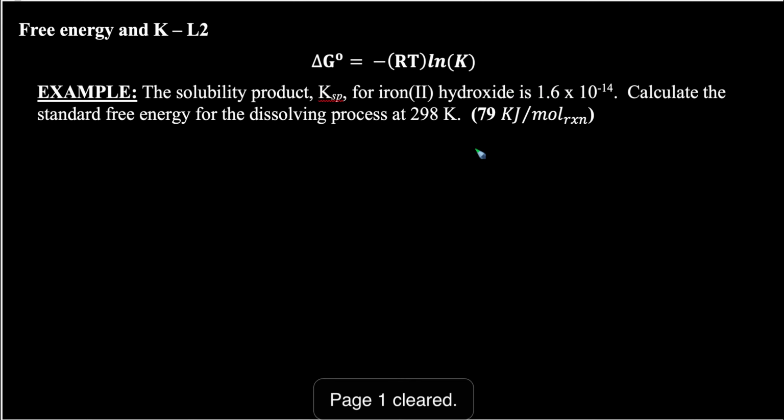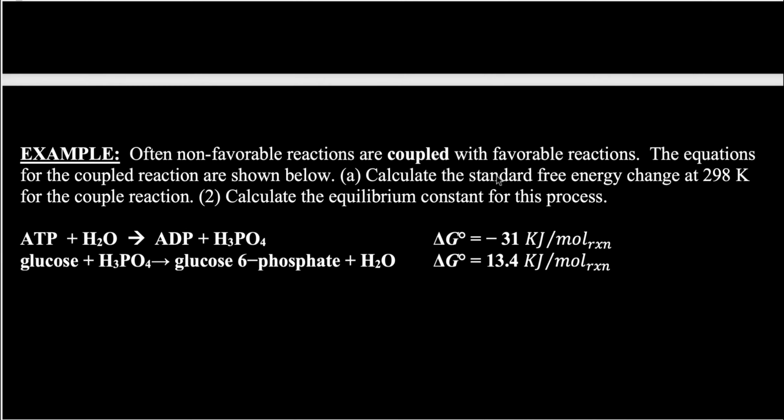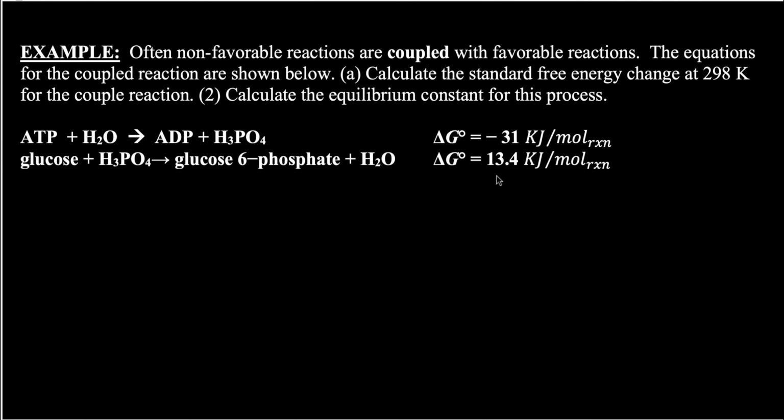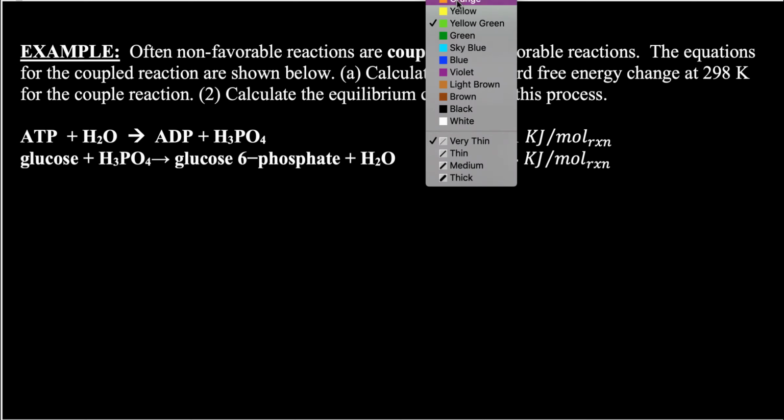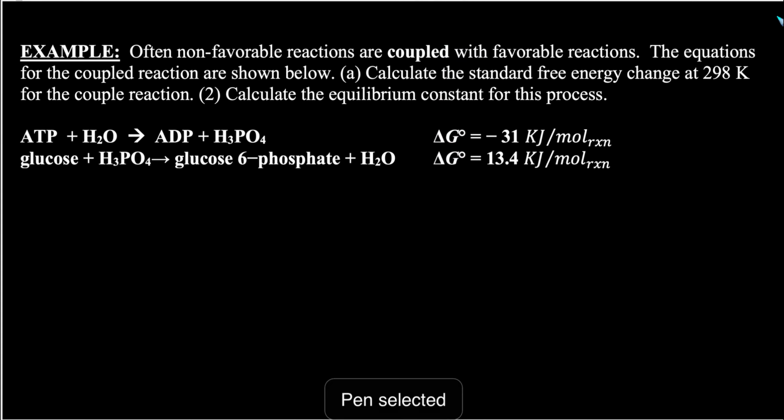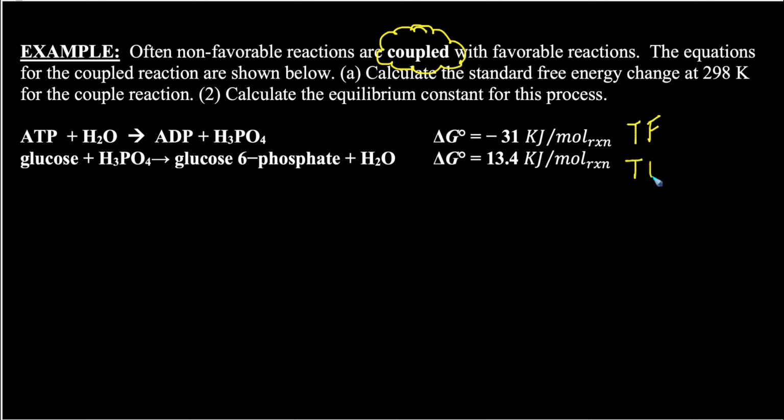Now there are other times with free energy, and I'm going to apply Hess's law and K, in which a favorable reaction can drive an unfavorable reaction. So we say that these reactions are coupled, happening at the same time, so that the thermodynamically favorable reaction can drive the thermodynamically unfavorable reaction.